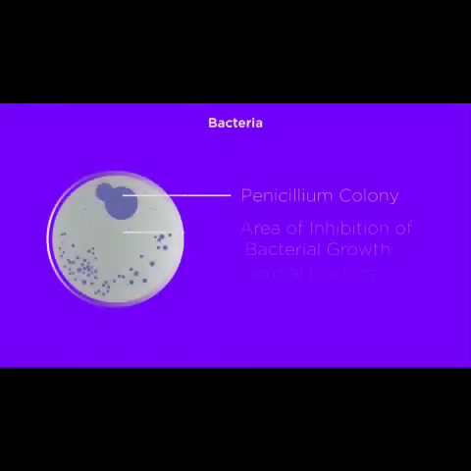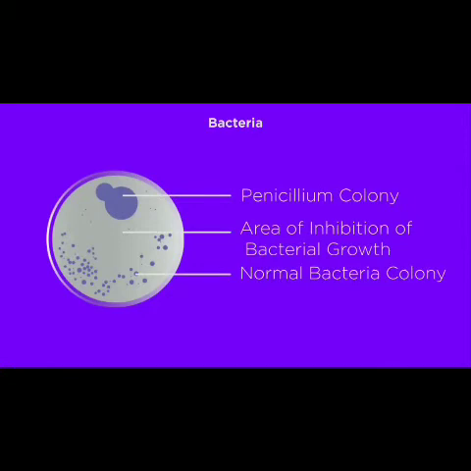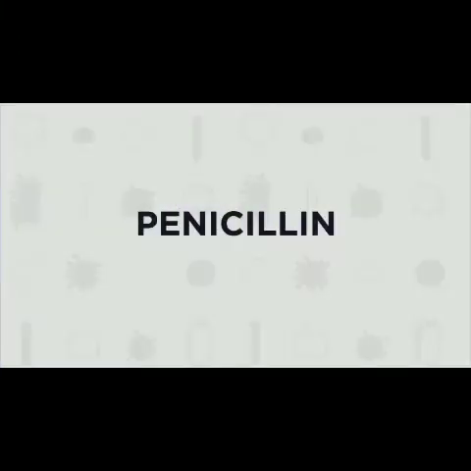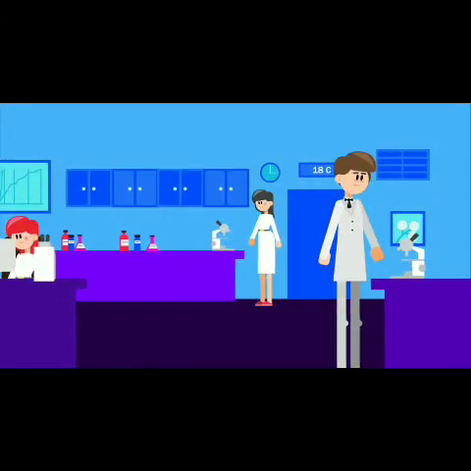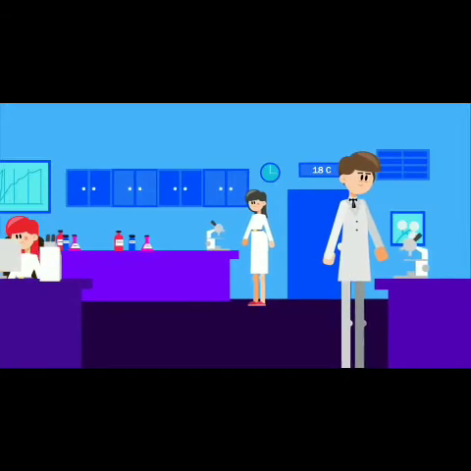In that petri dish, fungal colonies had grown, but the area around those colonies was clean and clear. That is, bacteria had actually been destroyed. After further studies, he confirmed that the fungus growing there was Penicillium, and its secretion had destroyed the bacterial colonies.